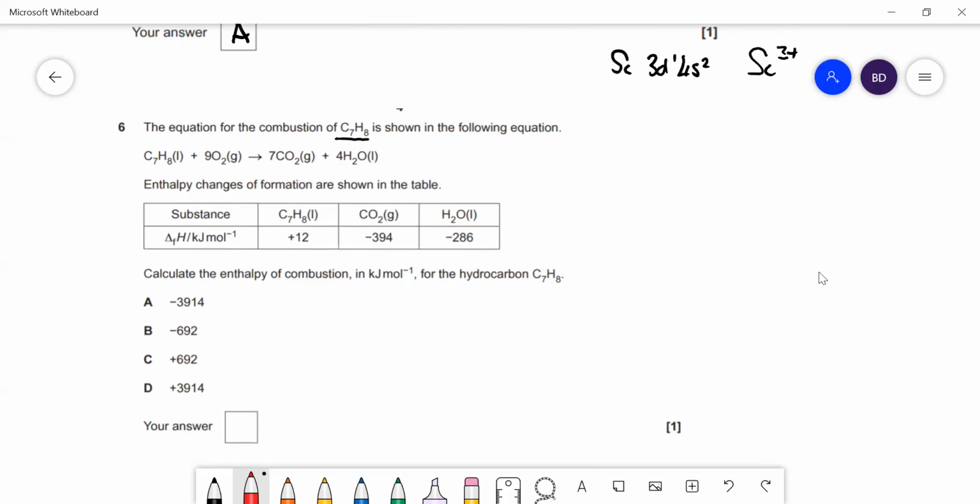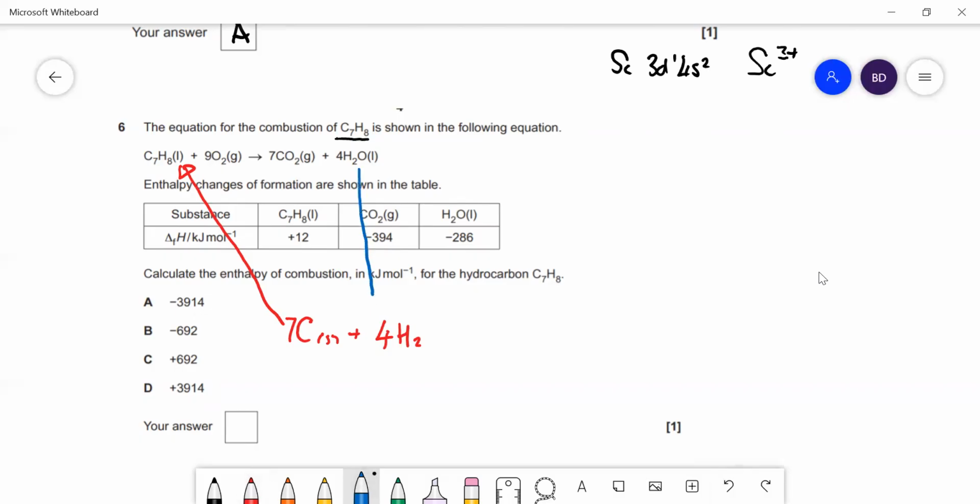So I'm going to draw a Hess's law triangle. The third thing I'm going to put down are the elements in their standard states. So 7 carbons, and we're going to have 4 H2s. Put that one in a different color.